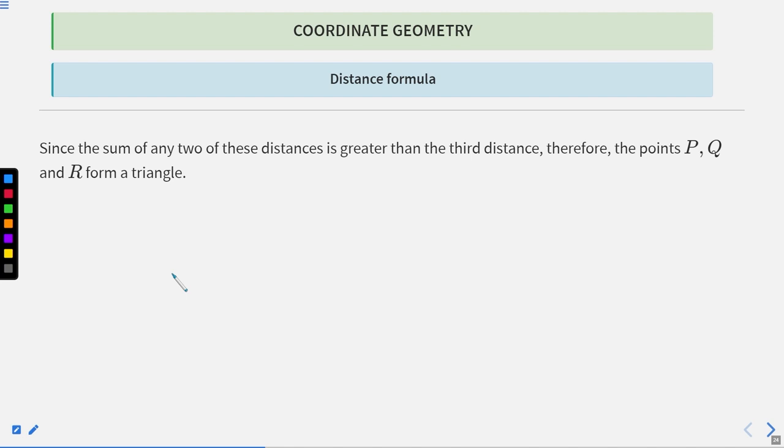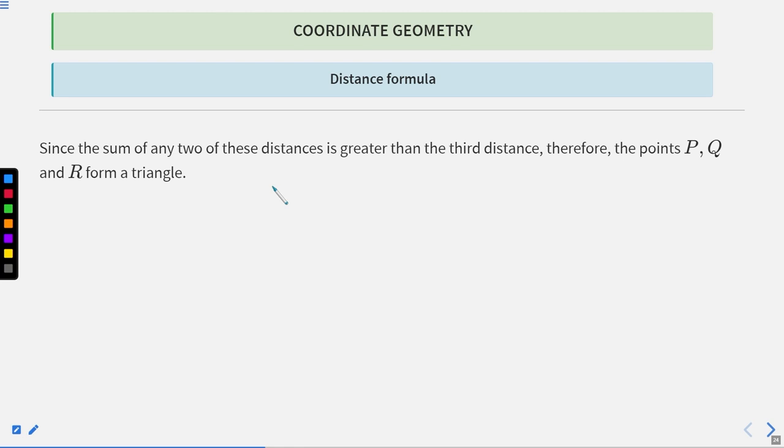So since the sum of any two of these distances is greater than the third distance, therefore the points PQR form a triangle. So 3 points will form a triangle when the sum of any two of these distances is greater than the third distance.